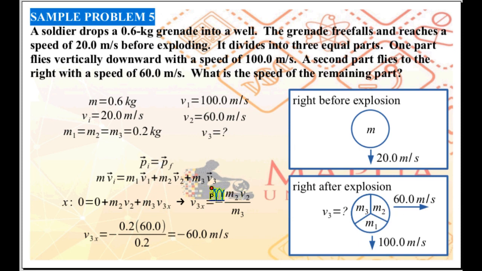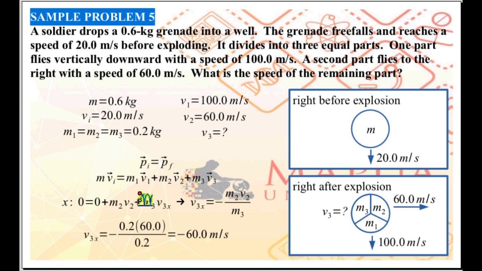And final momentum of fragment 3 is m3 v3. The sum of these is the final momentum. So, initial momentum is equal to final momentum.